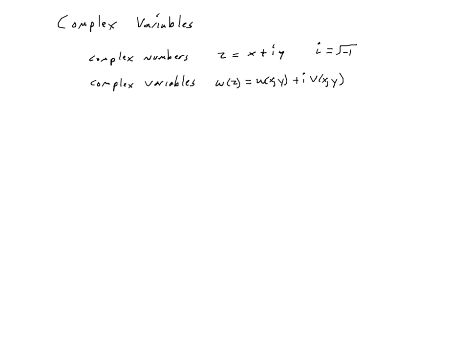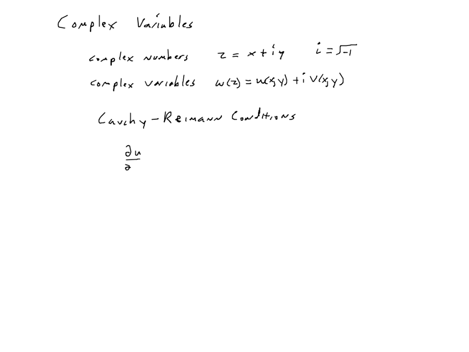So this led us to the idea of the Cauchy-Riemann conditions, which is something that you really should have memorized at some point, whether you want to or not, because they just keep popping up a lot when you're talking about complex variables. The basic idea is that if the Cauchy-Riemann conditions are satisfied, then you have a derivative that exists at that point. If they're not satisfied, then you don't have a derivative at that point.